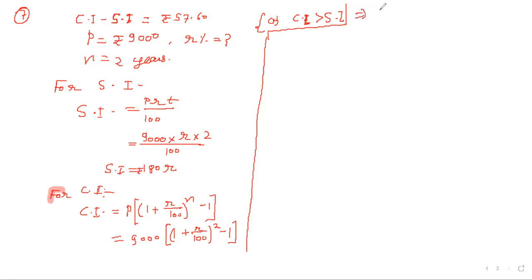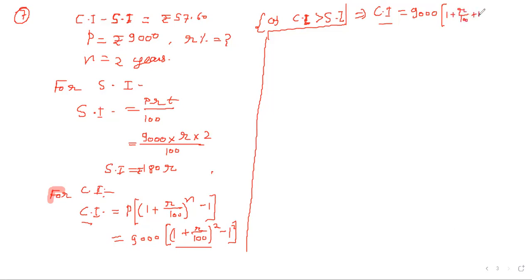So CI equals 9,000. Whenever you change the page, write both the signs. As I have written the left hand side of this expression, CI equals 9,000 into, now you can use the formula for A plus B whole square, or you can also use the identity of A square minus B square, whatever you find easier.